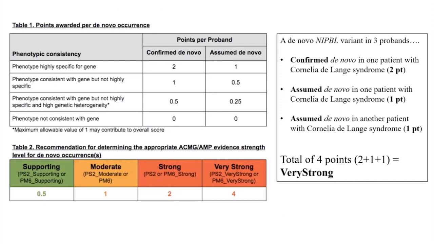This is a specific phenotype, so you could use that top bar, the phenotype highly specific. Let's say you had 1 confirmed de novo occurrence, that would be 2 points, and then 2 assumed de novo occurrences, that is 1 point for each one of those. So in the end, you would have 4 points, and if you look at that bottom table, you can see it's very strong. So in this case, you can modify the weight of your de novo occurrences up to a very strong strength level.